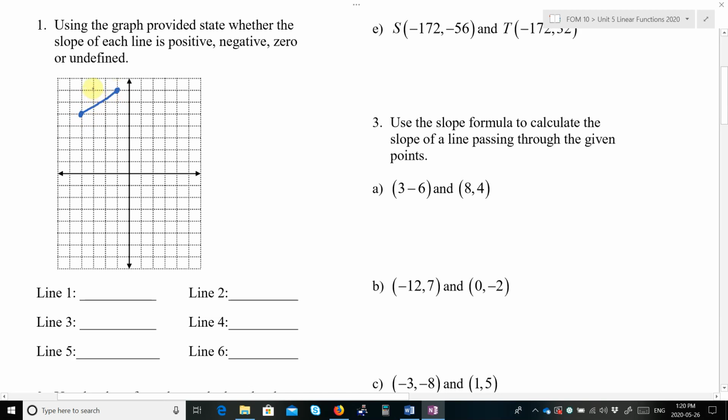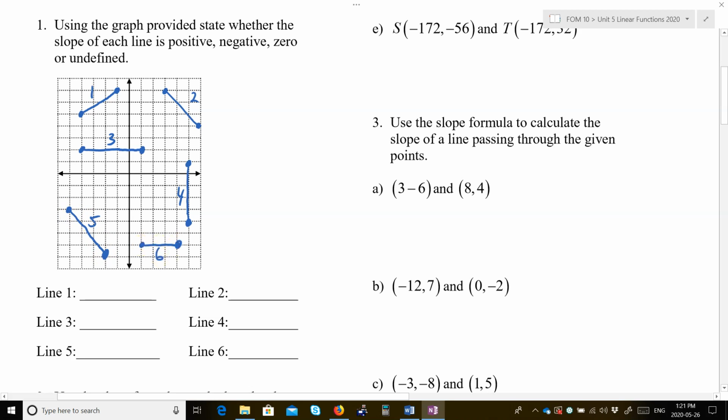Let's call this line 1. We'll call this line 2. That's line 3. That's line 4. Line 5.